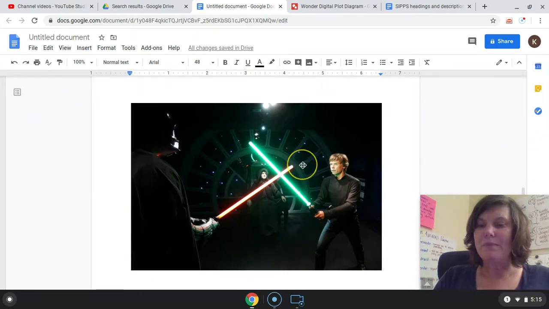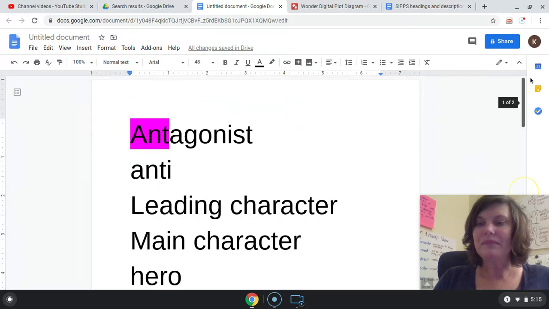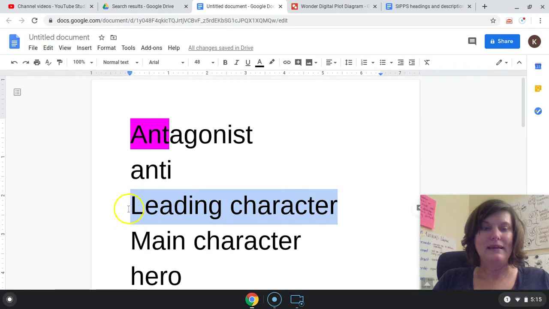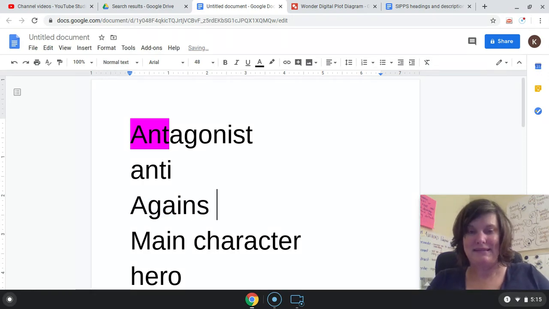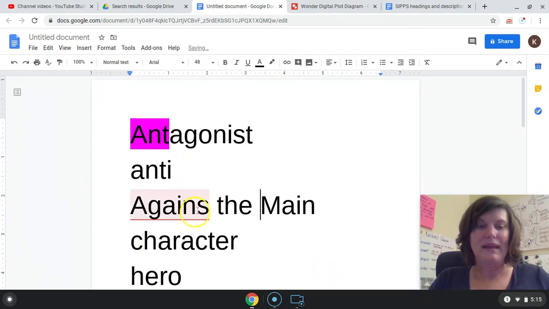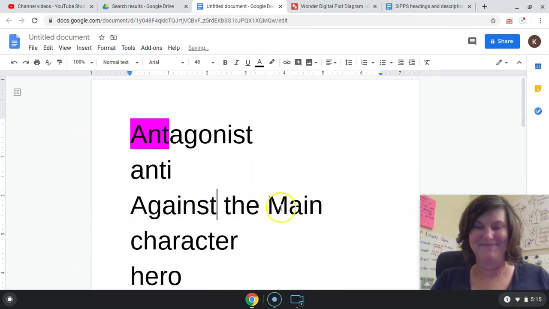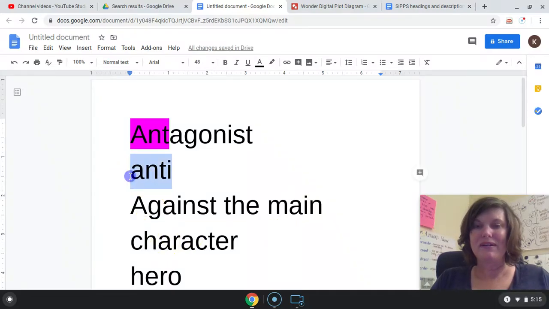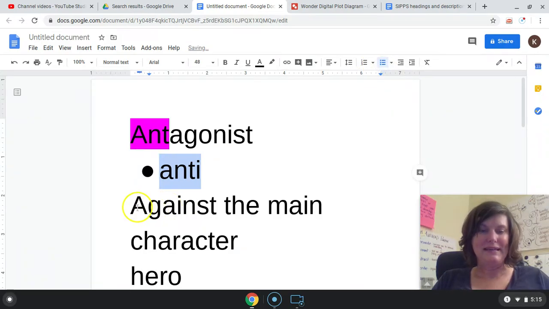So let's look up here. Let me go back up. So we're going to say anti. We'll say against the main character. And I will spell the word against correctly. And we don't need a capital letter there. And I'll do this so we can see where the ideas begin and end.